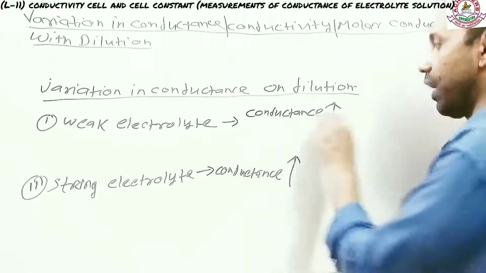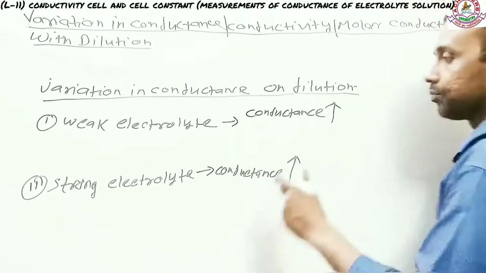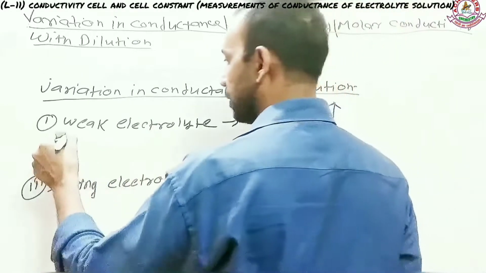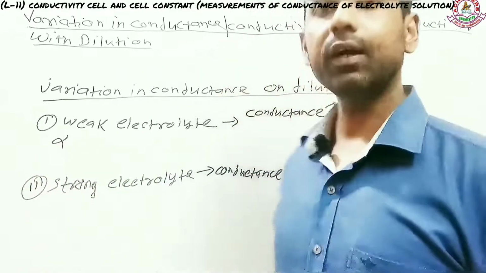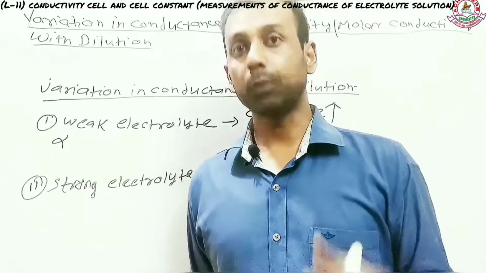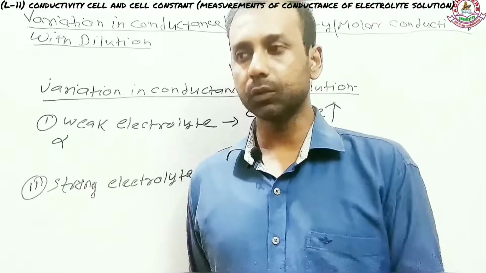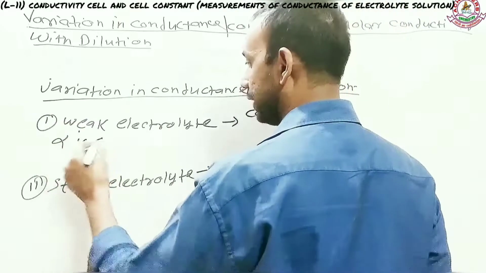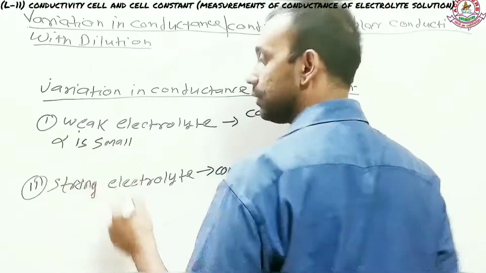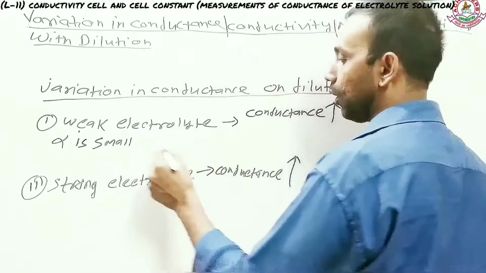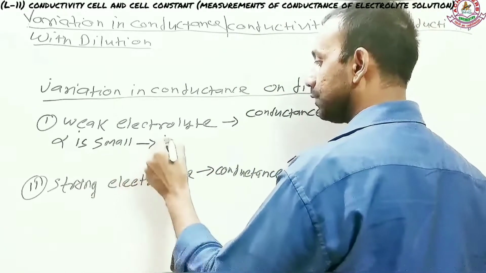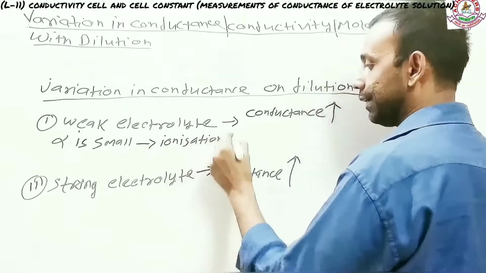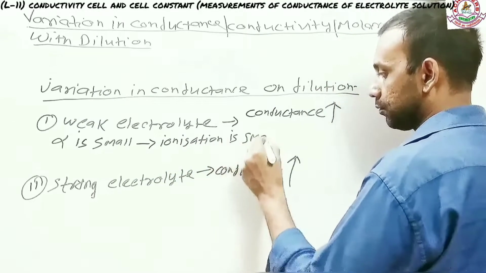Let's go for the reason why in both cases the conductance increases. For weak electrolyte, alpha is called the degree of dissociation, from equilibrium, which I have done earlier in the same chapter. Alpha is small, so ionization is small.